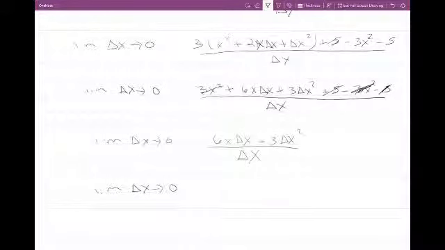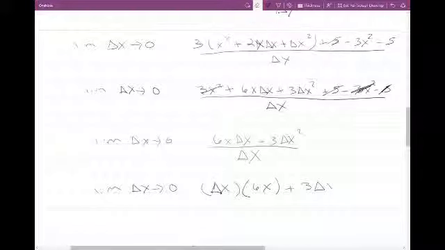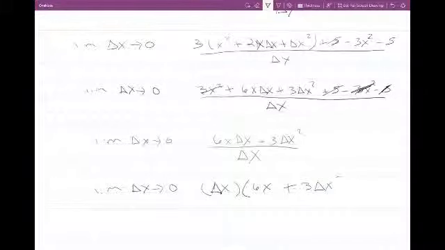So it would be delta x times 6x plus 3 delta x. You don't need parentheses there because this is one continuous thing. You took out a delta x, so it wouldn't be delta x squared.